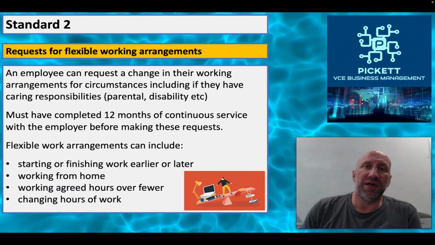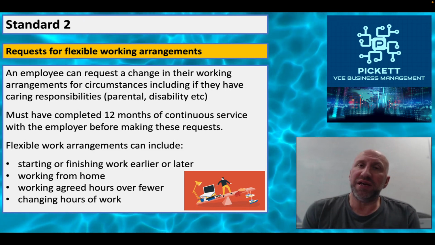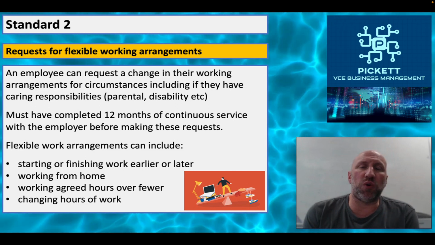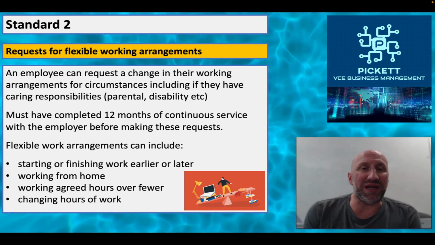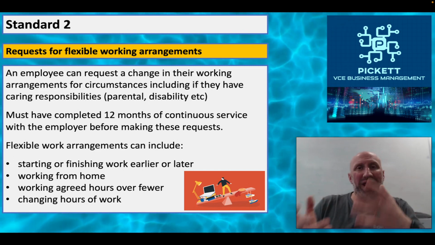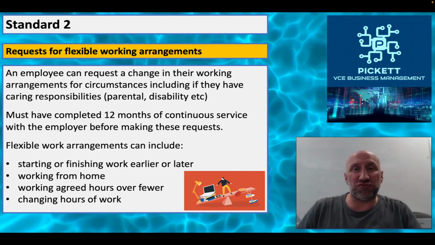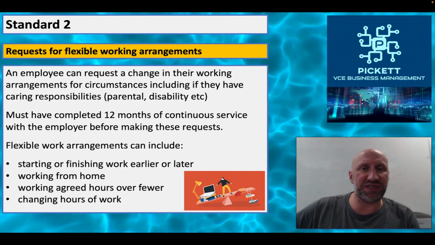Standard 2 is all about requests for flexible working arrangements, okay? So according to this legislation, an employee can request a change in their working arrangements for circumstances, including if they have caring responsibilities. So if you are a parent of young kids, if you have disabled relatives, if you have older parents, whatever those caring responsibilities are.